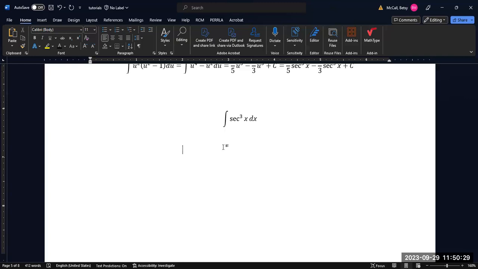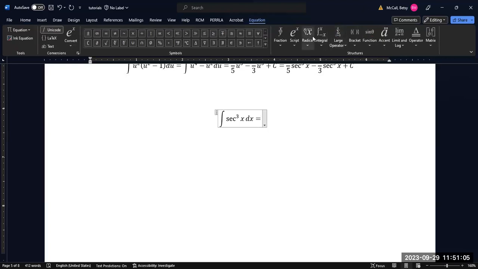Even if I were to do that, I would end up with a square root with a square underneath it, and that's not an easy integral to complete. If I try to pull out a single secant, I don't have a tangent in this scenario to apply it to. And if I had even tangents, I would be stuck with an odd tangent, which would leave me with that I'm substituting and I'm introducing a radical into my problem. So the way that this is going to work is that we're going to do this via integration by parts.